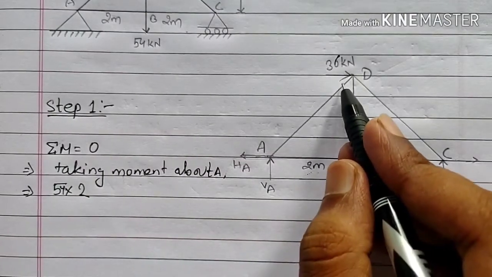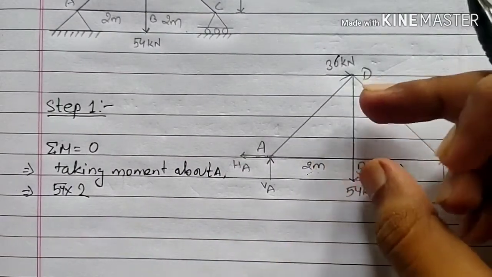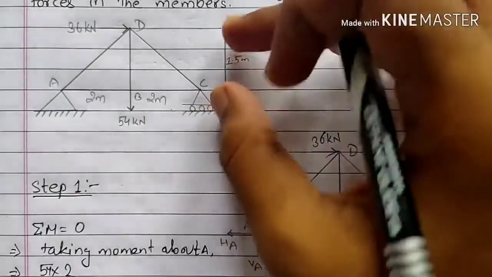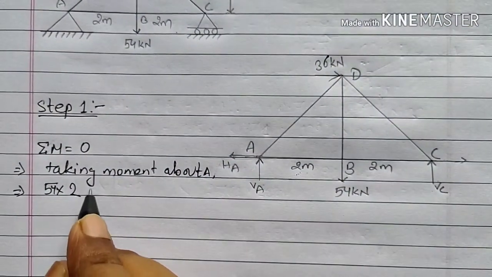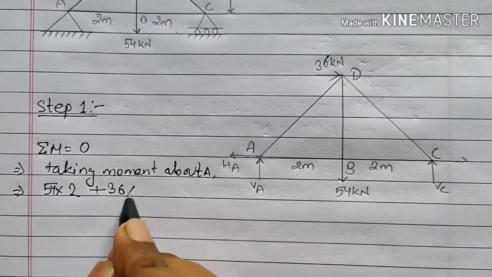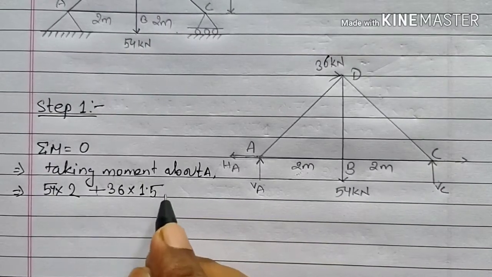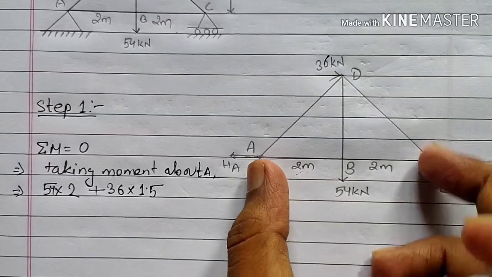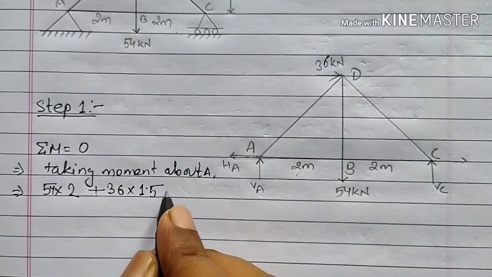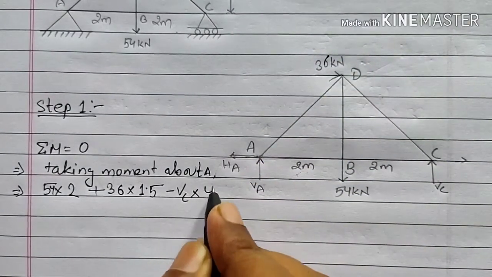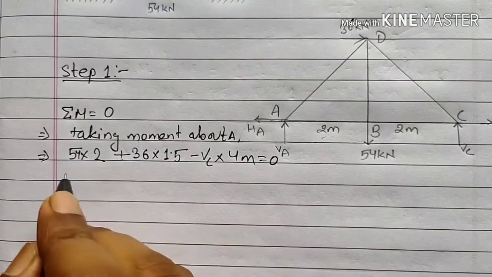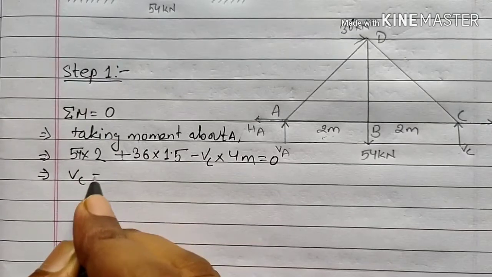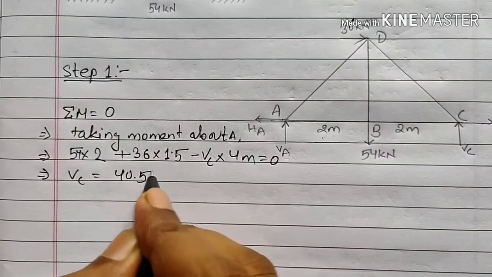Similarly, other force is 36 kilonewton, which is at distance 1.5 meter from A. So it will be written as plus 36 into 1.5, and our reaction Vc is acting in anti-clockwise direction, so it will be minus Vc into 4 meter equals 0. So from here we will get Vc equals 40.5 kilonewton.